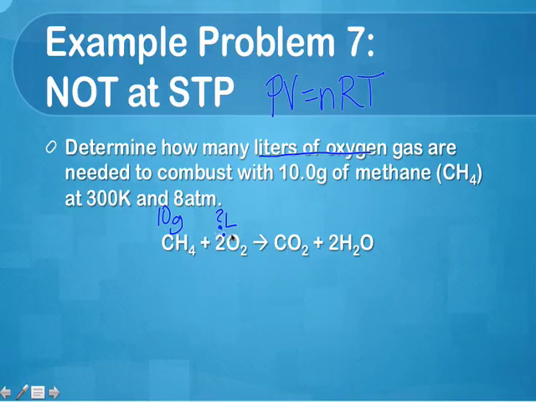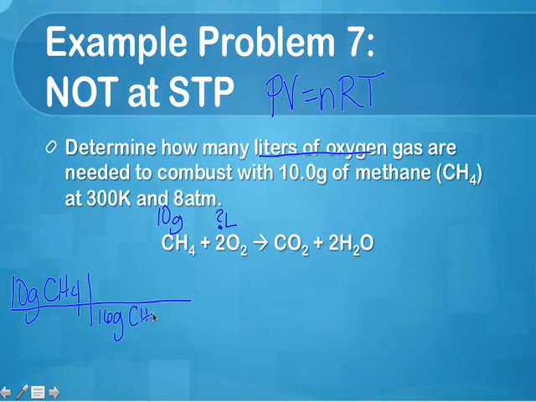I am going to get as far as I can to oxygen, which means I'm going to start with grams of methane and work my way to moles of oxygen. Because moles of oxygen I can plug in here and come out with liters of oxygen, which is what they want for their answer. So I start here, I add up a methane and it adds up to 16 grams in 1 mole.